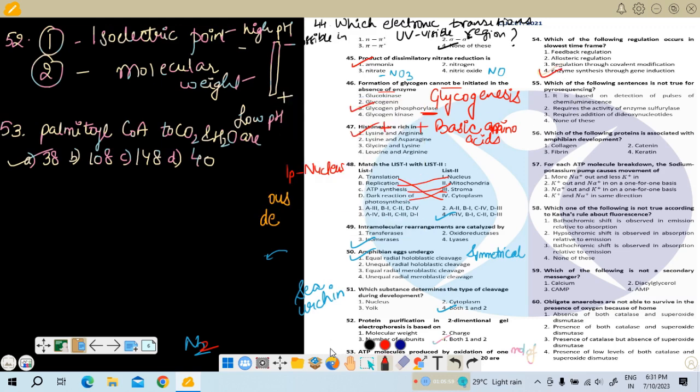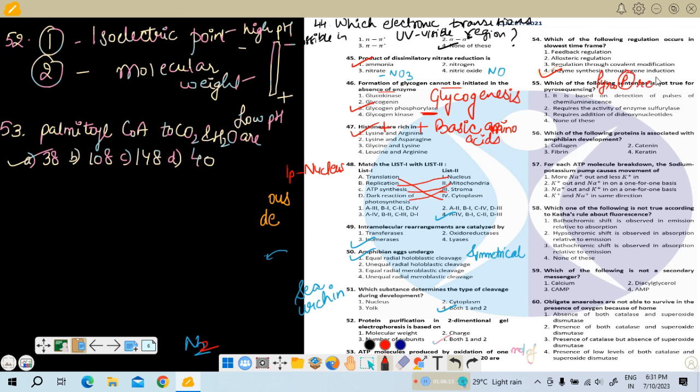Then 55. Which of the following sentences is not true for pyrosequencing? It is based on detection of pulses of chemiluminescence, requires the activity of enzyme sulfurylase, requires addition of dideoxynucleotides, none of these. So pyrosequencing, basically it's about pyrophosphate release.